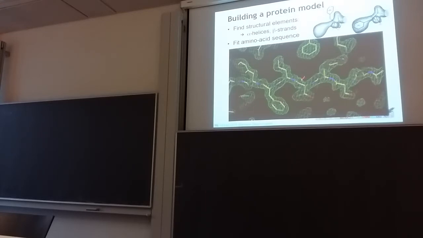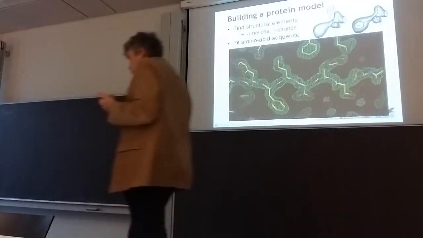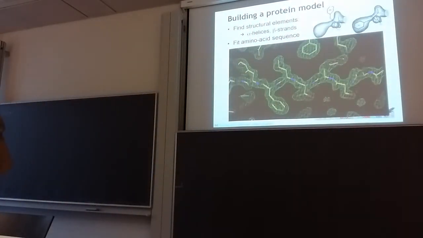Also, if the resolution is lower, you typically first start missing the densities of the side chains. So then it's very hard to see the difference between a phenylalanine and, what's this over here? Oh, that's also phenylalanine. Or the difference between a phenylalanine and an aspartate.